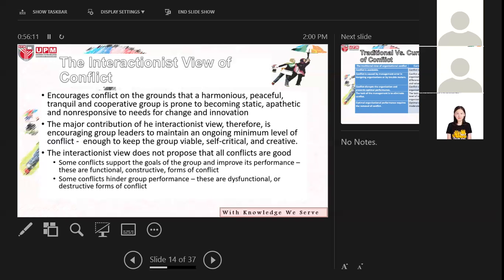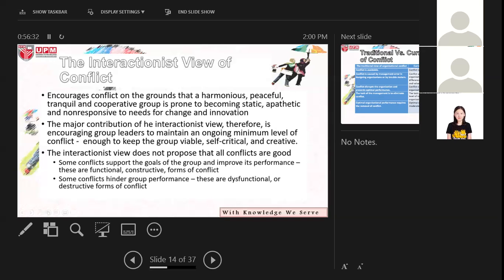You need to have at least minimum conflict, because this minimum conflict can make sure that your unit keeps changing. The system will keep improving with innovation.